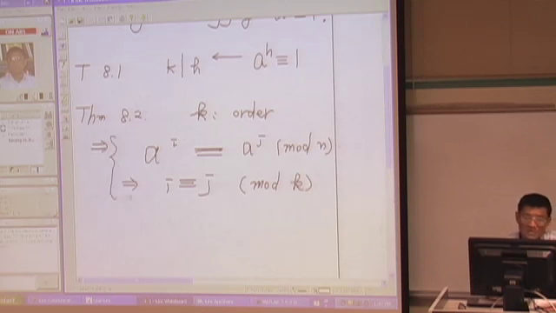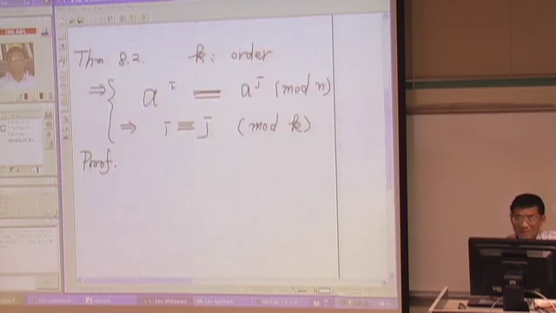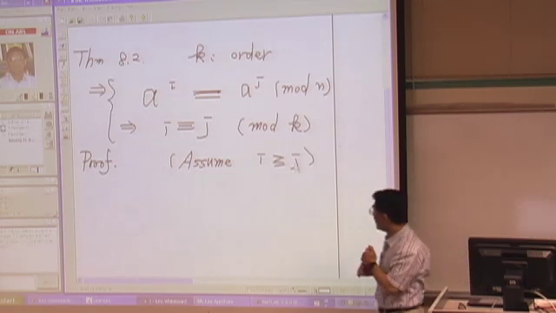So we have this statement that we want to prove. Assume that i is greater than or equal to j. We will assume this without loss of generality.